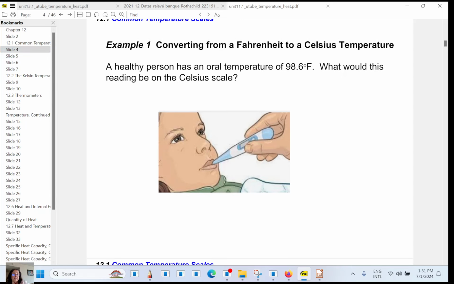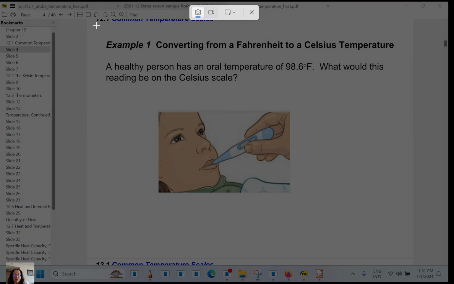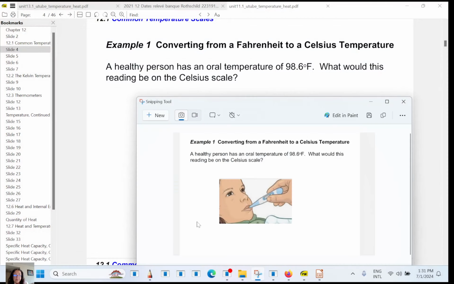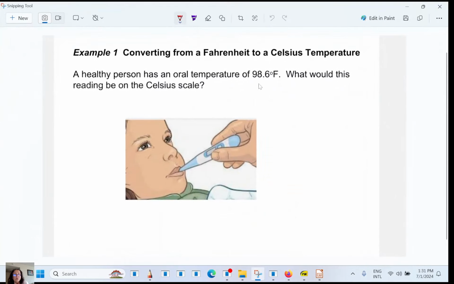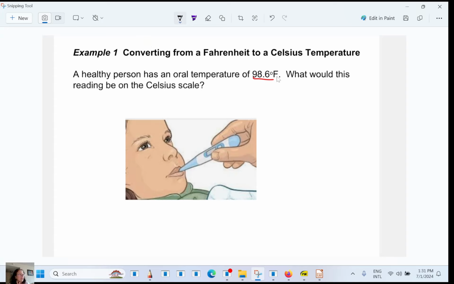Here is an easy example. If you don't run a fever, usually your temperature will be about 98.6 Fahrenheit. Can you convert that to degrees Celsius? That's super easy.